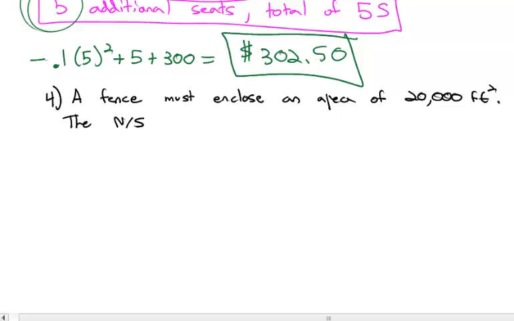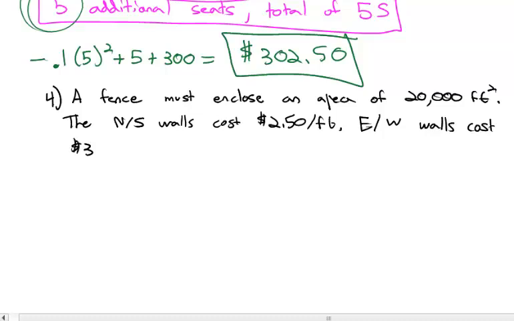The north-south walls cost $2.50 per foot. The east-west walls cost $3.20 per foot. We're going to find the size to minimize the expense.